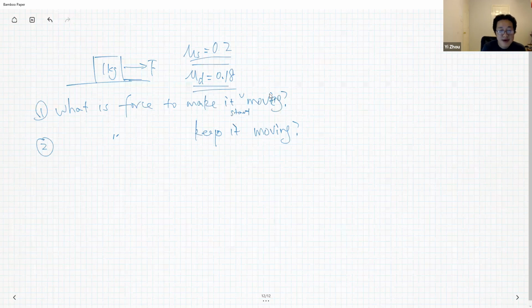No. Okay, so as we talked about, because there's a friction, when you increase the force, the friction will balance the force, right? So it's not moving. But when you increase your force until it reaches the maximum static friction, when the force is over that point, it will start to move. So what is the maximum static friction?